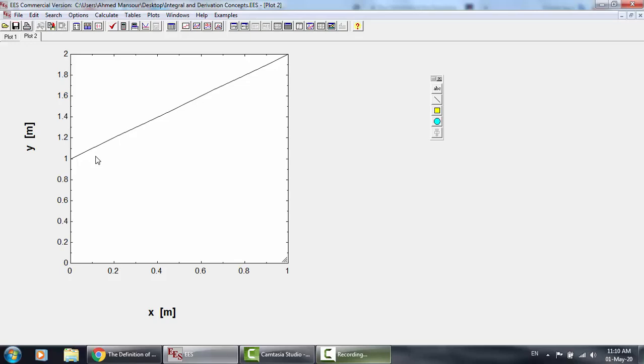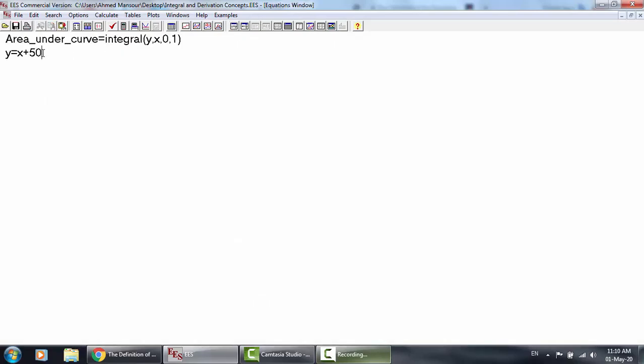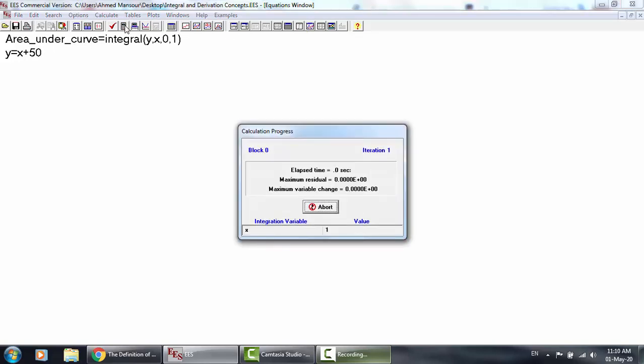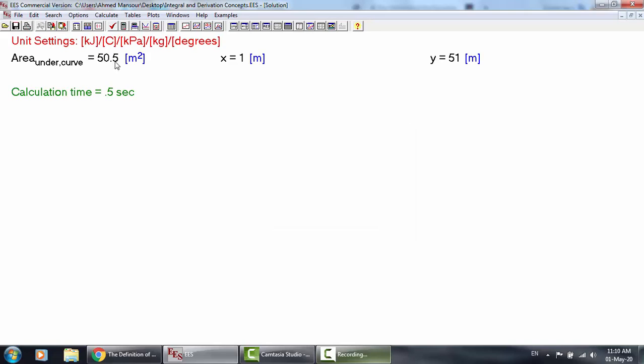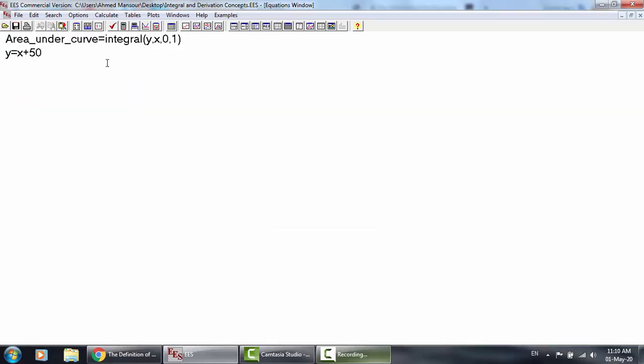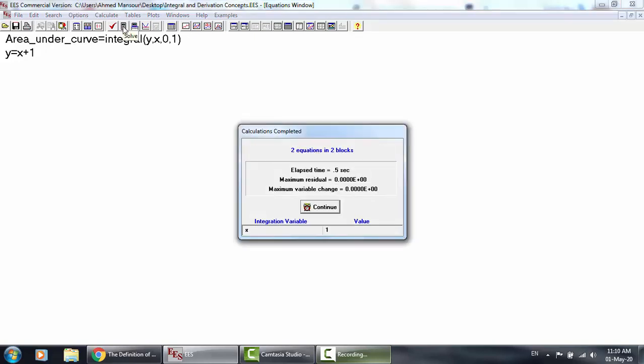But the slope will be the same. So this is one of the most important points in this video. Increasing this number means that we will get a higher area, okay, 550.11. Why?